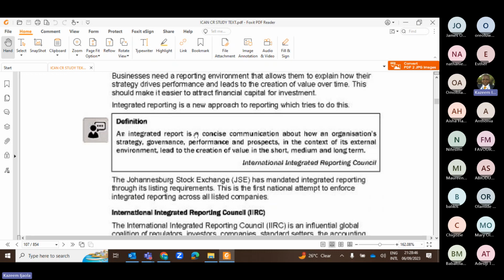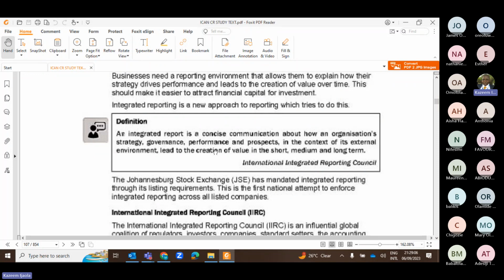So it is a concise communication. That means you are communicating in clear terms how an organization's strategy, governance, performance, and prospects, in the context of its external environment, lead to the creation of value in the short, medium, and long term.